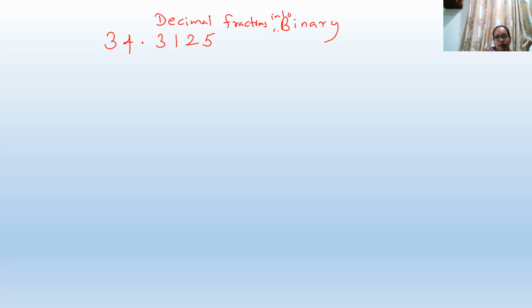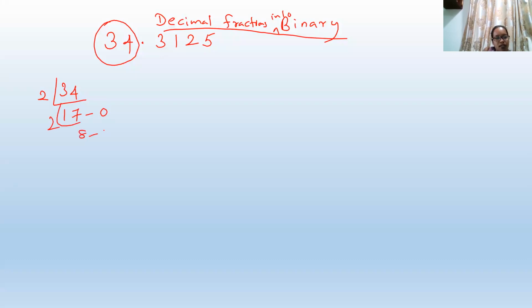Here the whole number part you can do separately. Take the whole number part and follow the normal procedure. Divide it by 2. 34 gives 100010. Now this is for the whole number part.